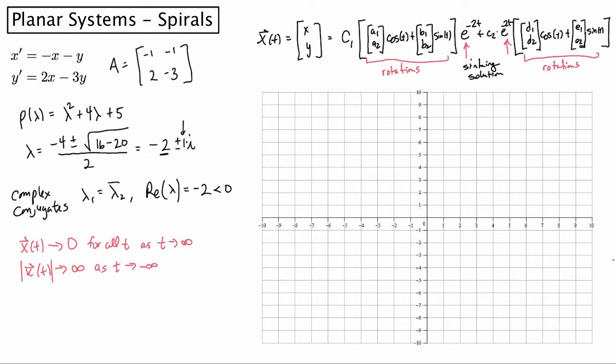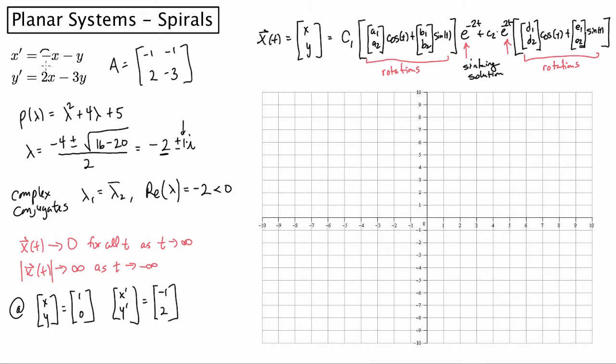So for example, if I look at the original system and I say, okay, what happens when we're looking at the point (x, y), let's say x is 1 and y is 0. Then our system becomes x prime, y prime equals, well, if I plug those in, so if x is 1 and y is 0, I get -1 and 2.